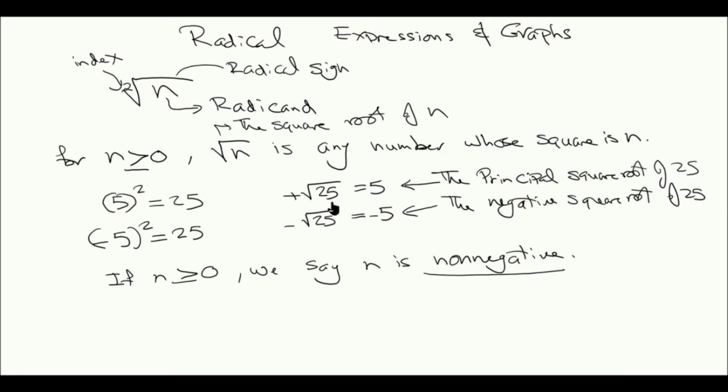When you're dealing with non-negative numbers, they're all going to have square roots. All non-negative numbers other than 0 will have two square roots. 0 itself is just going to have one square root, which is 0 itself, because the only number you can square to get 0 is 0 itself.